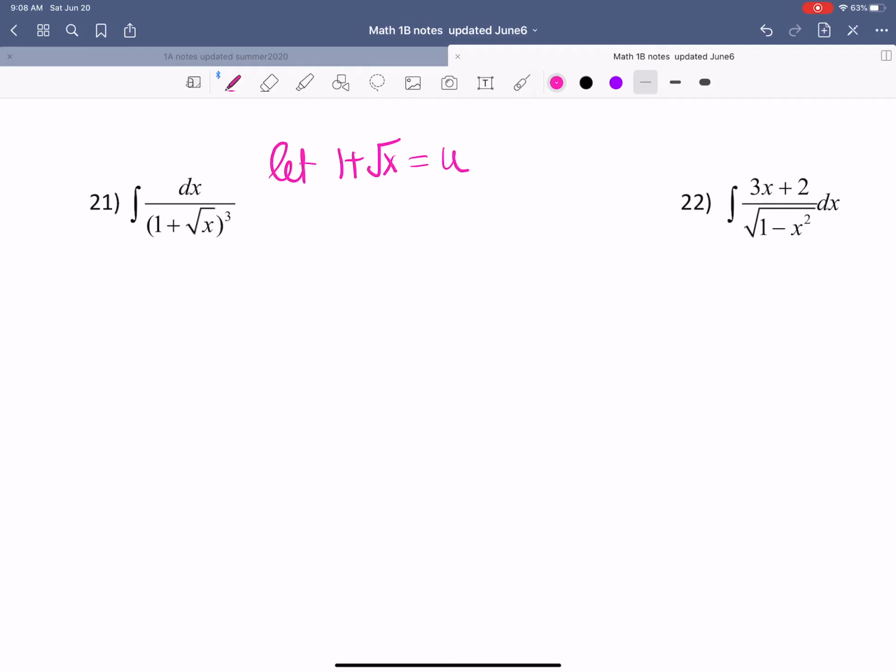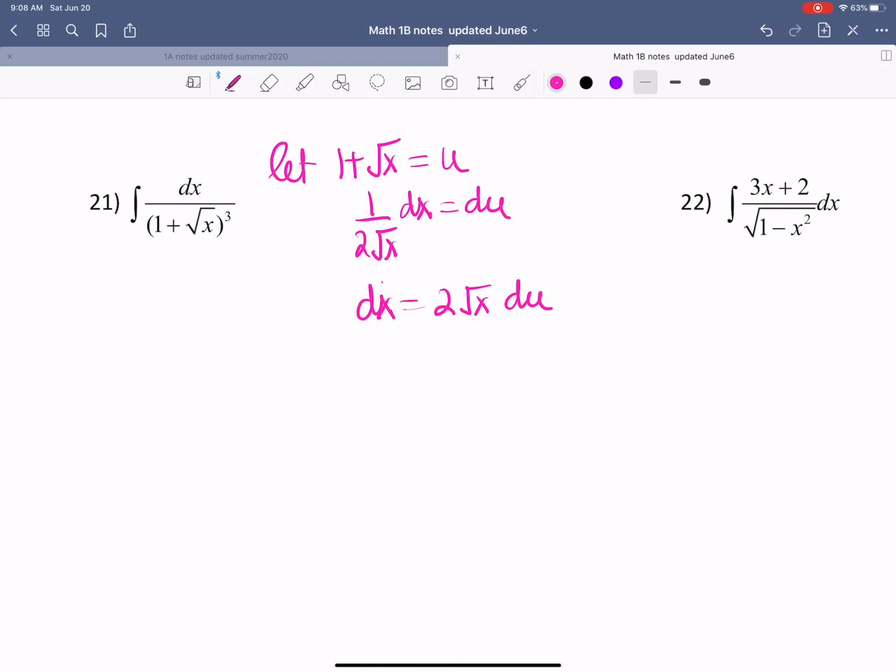Okay, so if I take the derivative on both sides, 1 over 2 root x dx be du. Okay, hold on.